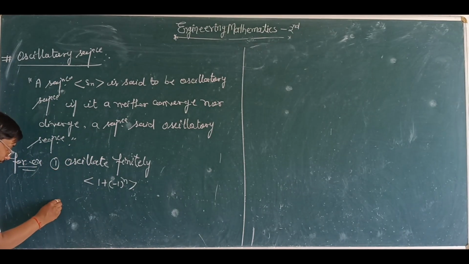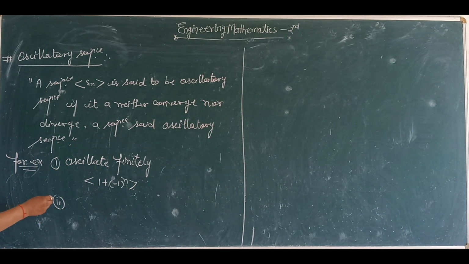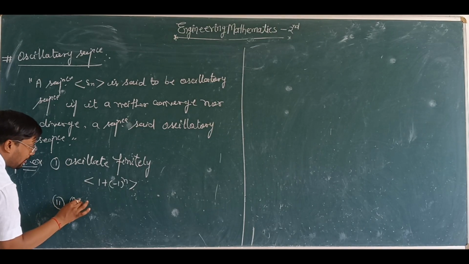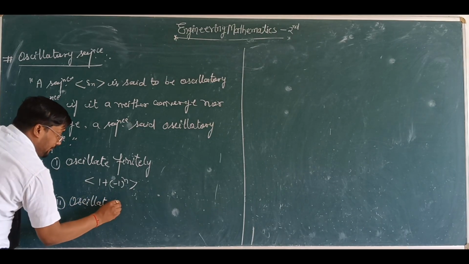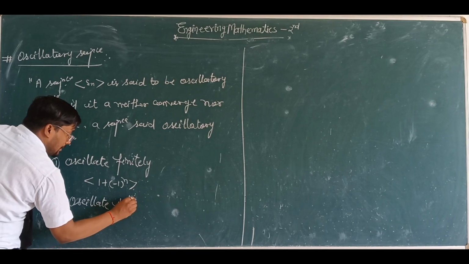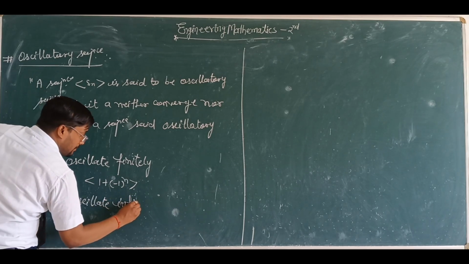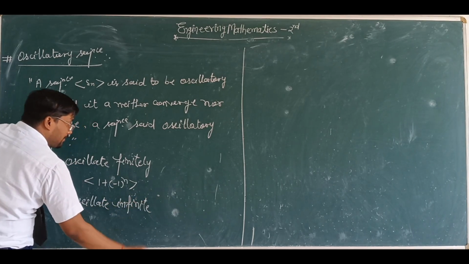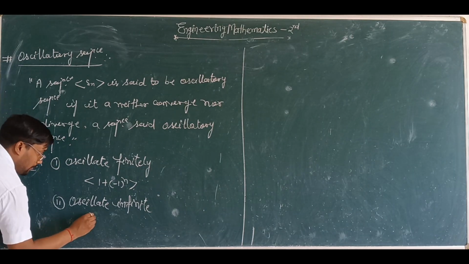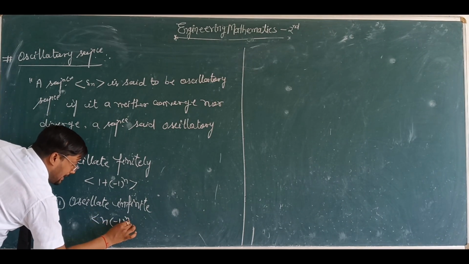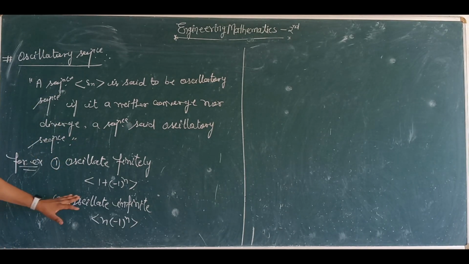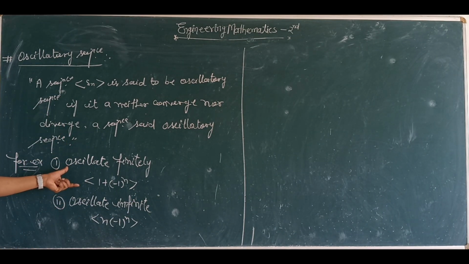Second is oscillating infinitely. For example, n minus 1 to the power n is called an infinitely oscillating sequence.